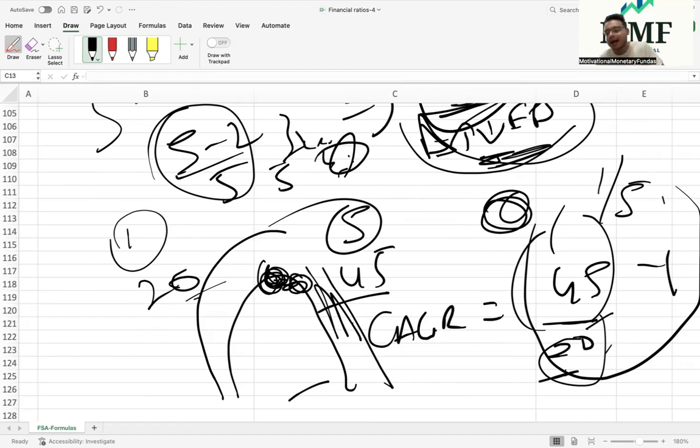So initially, when the PE is very high and the growth is very high, your PEG might also be very high. When the market is doing very well, it might happen that the PEG is also very high, but there has to be a point of saturation. And this point of saturation is not bad, it is good, because we ultimately want the PEG to be low.